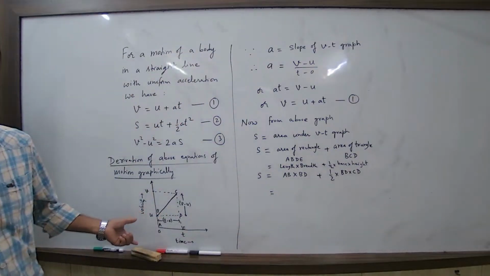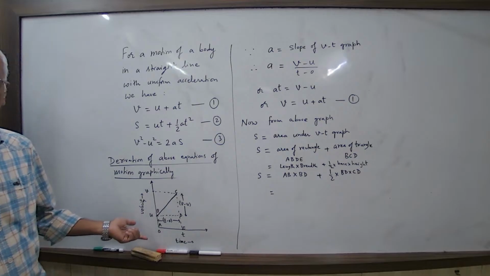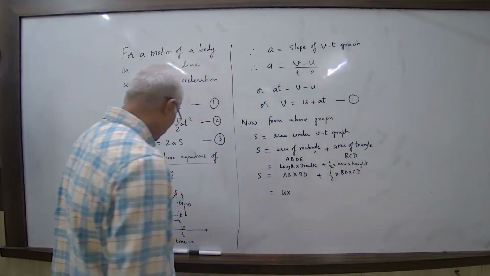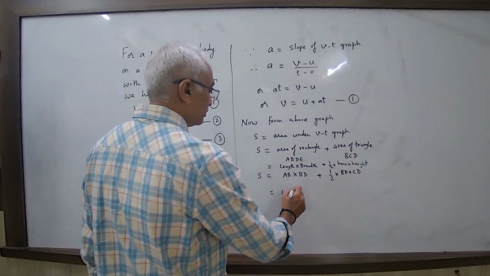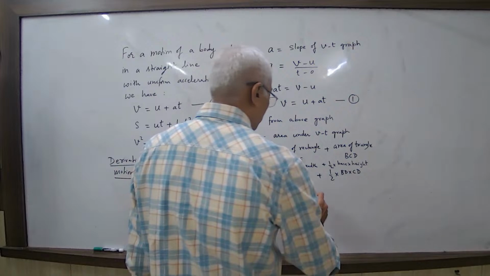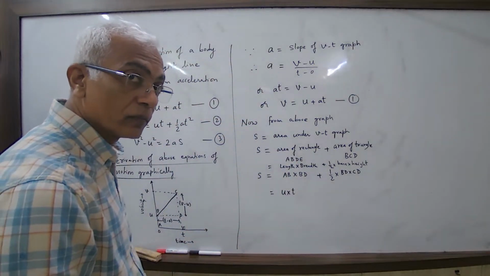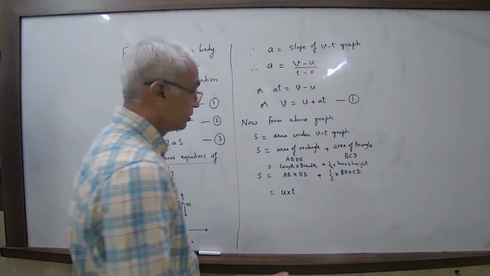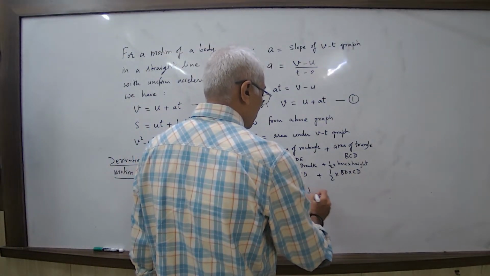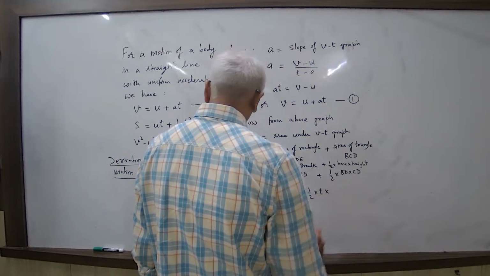Now what is AB? U minus 0, which is u. So this is u. What is BD? T. So do you want to write u minus 0, t minus 0, or is ut enough? What is the base here? T. And what is CD?